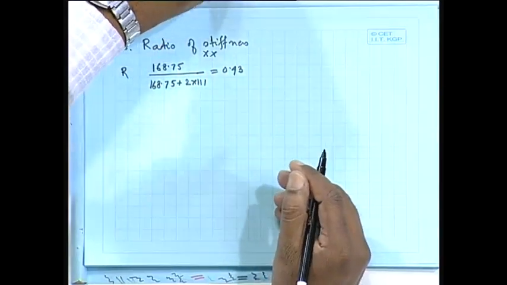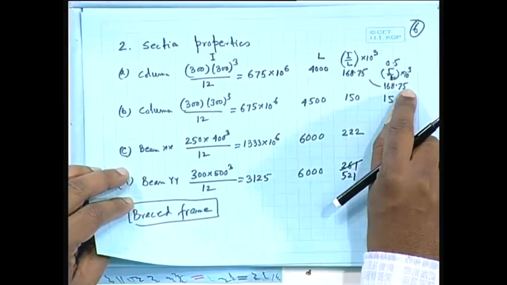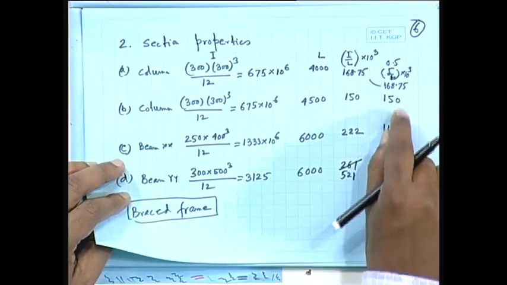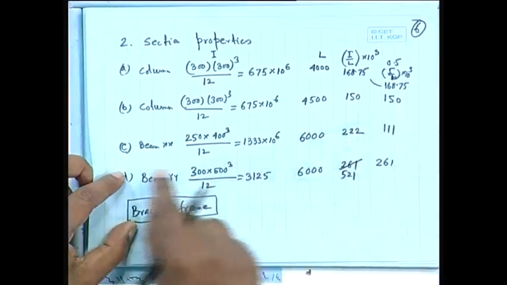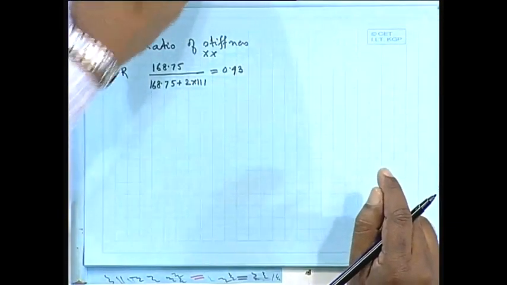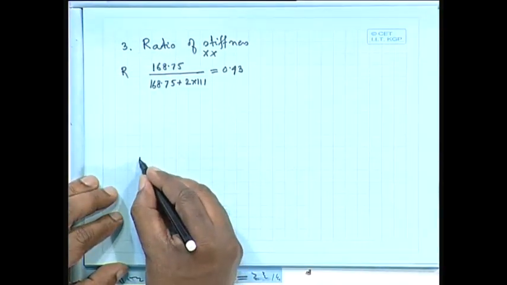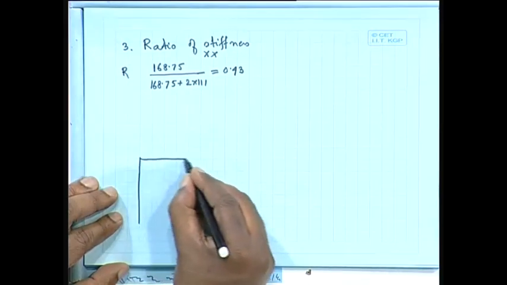Please note, we have taken that one here 168.75, 168.75, and that beam we are having here along x we are talking, so 2 into 111. So, one case we are considering here. I think I should write down here that one frame, so that it will be clear.